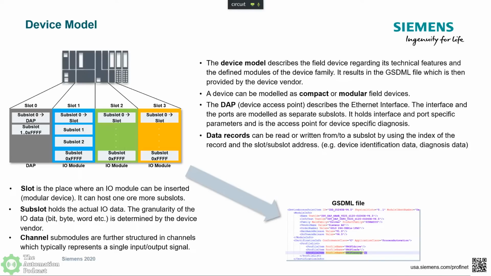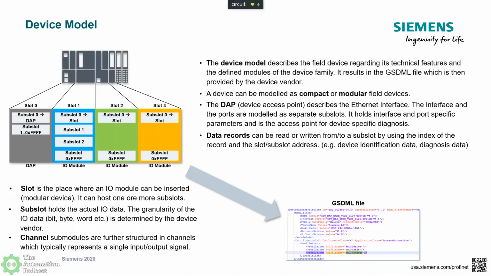By addressing a submodule, data records can be read or written. And the type of data record is addressed by using a specific index. There are predefined data records in the standard, like the diagnostic data of a device or the device identification data. Those are predefined records, but a device vendor can also define its own records.